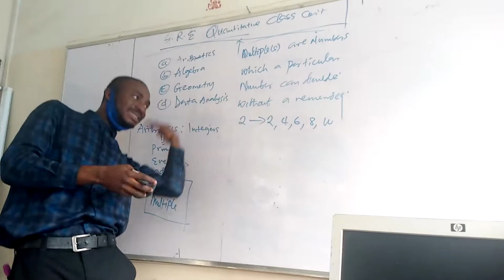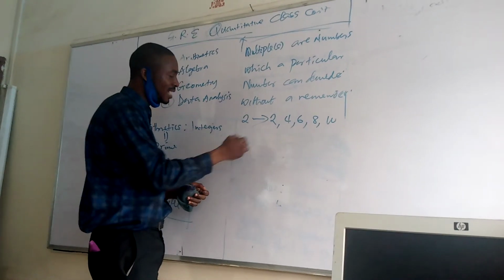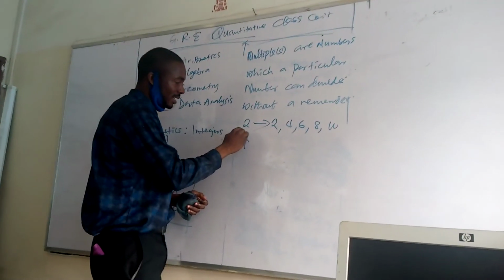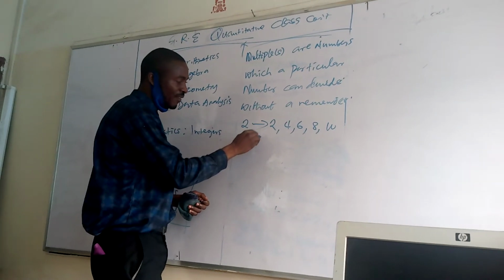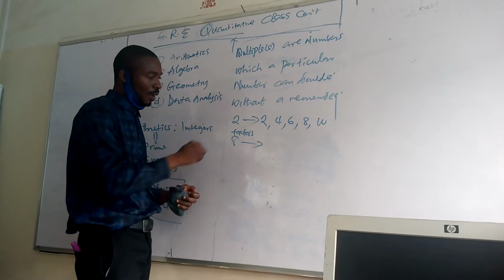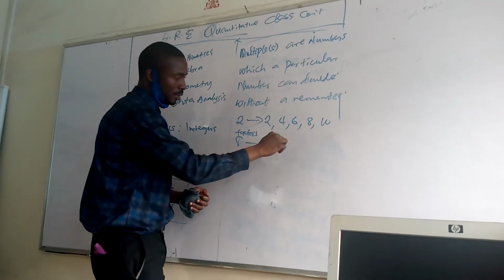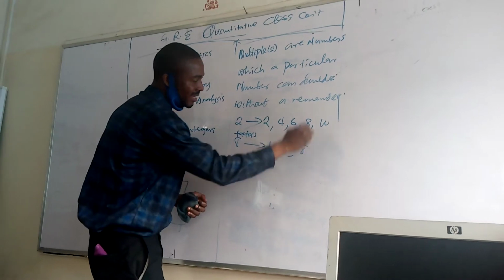It's just the opposite of factor. When I talk about the factors of 8, I'll be saying 1, 2, 4 and 8 itself.